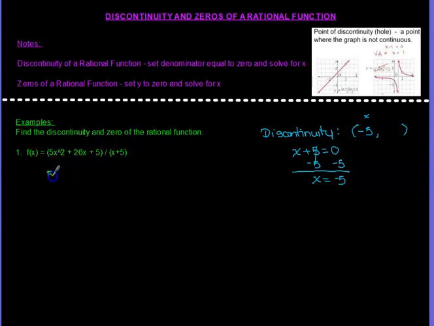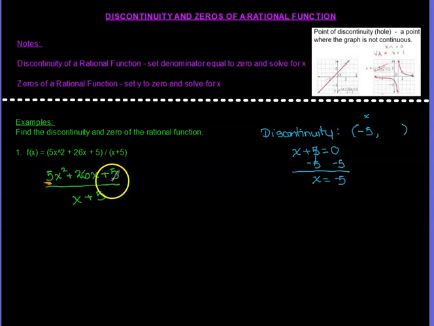So if I write this rational expression out, 5x squared plus 26x plus 5 all over x plus 5, the way to simplify is to try to divide out. The only way you can divide out anything is if you can factor it out. So in the numerator, I have a quadratic, so I'm going to work on factoring it.